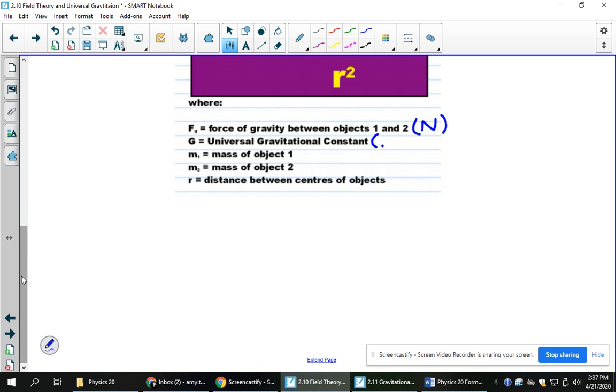G on your formula sheet has kind of the ugliest units you've ever seen in your life, but there they are. Mass, both of these measured in kilograms. And distance between, now highlight this, the centers of the objects. This becomes really important when we're talking about planets because you have to factor in the radius of the planet in order to get to the center. So this will be measured in meters.